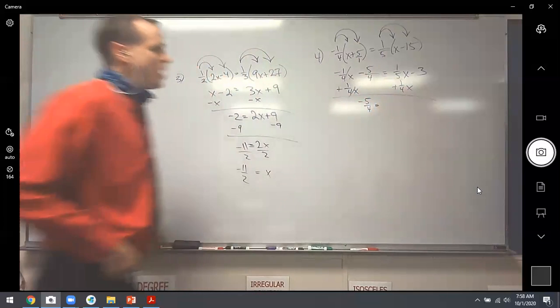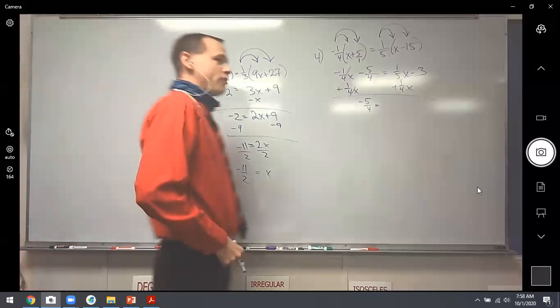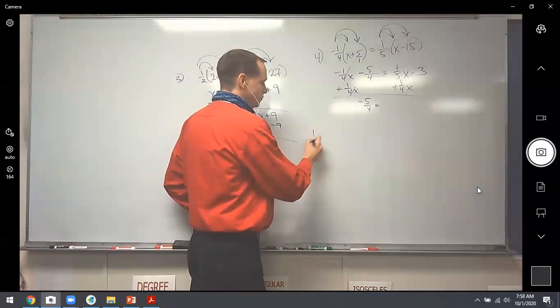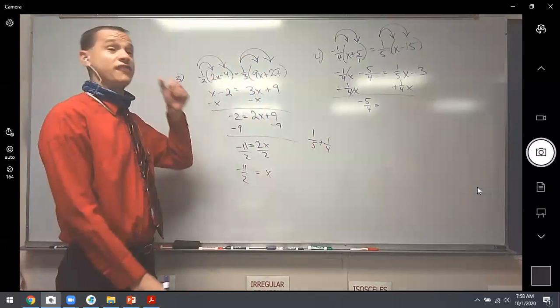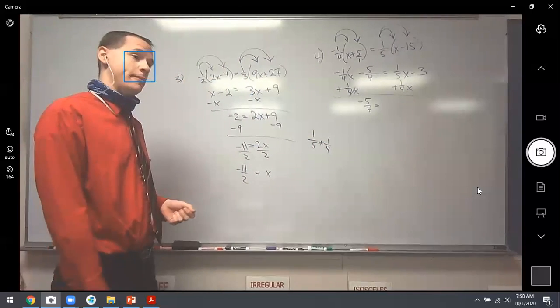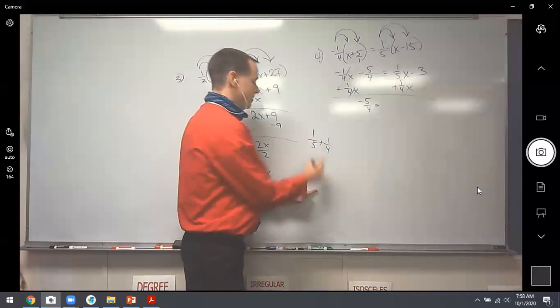And then over on the right, ooh, I have 1/5 x plus 1/4 x. How many x's is that? Side problem. What's 1/5 plus 1/4? Well, how do you add fractions? You need a common denominator. So you multiply this one on top and bottom by 4.